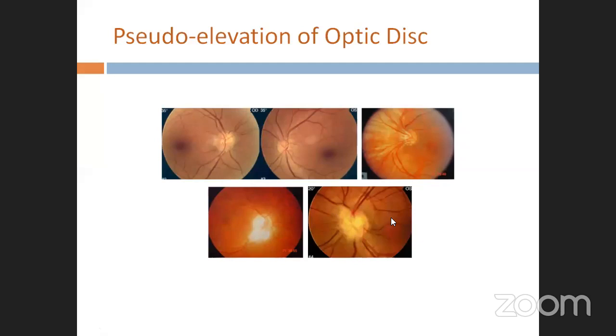So these four conditions, hypermetropia, tilted optic disc, myelinated nerve fiber layer, and the glial veil, are pseudo elevation of the optic disc. The disc is normal, but looks like an elevated disc.